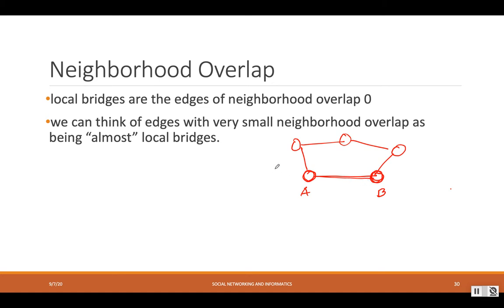Now we can also think of edges with very small neighborhood overlap as being almost local bridges. If the ratio between A and B is really very small, then this is maybe not completely a local bridge but an almost local bridge.